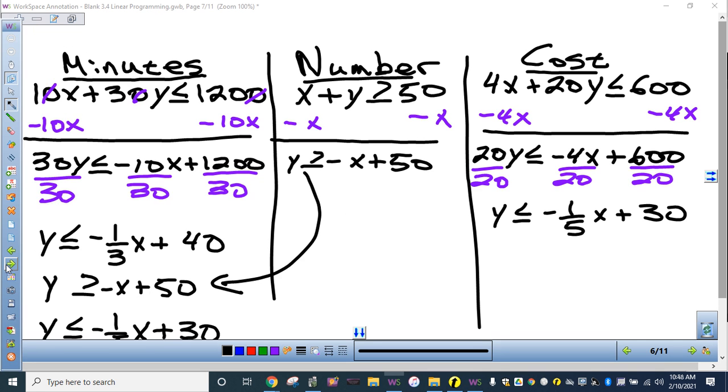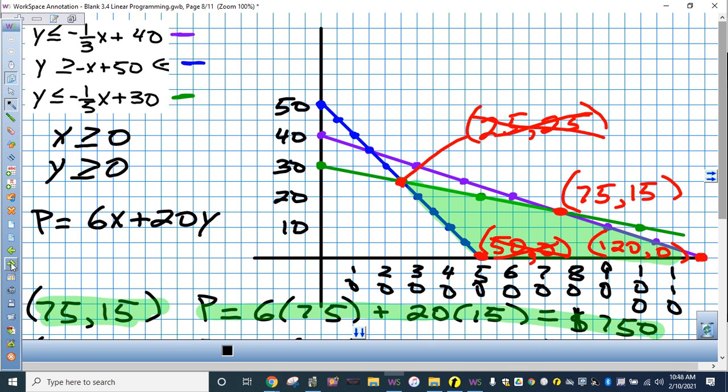Okay, then I went through and I solved. I'm still staying organized, right? I've got minutes, number, and cost. Because if you don't title these three equations, it's really easy to get lost along the way. So just keep it all nice and tightly organized. And then last, I'm going to the graph. I'm using the different colors so I can keep the equations separate, right? Because if I graphed it in all black lines, the thing would be a nightmare, because you'd be super confused.